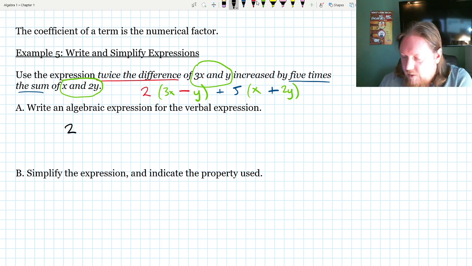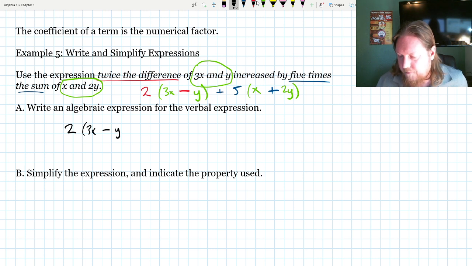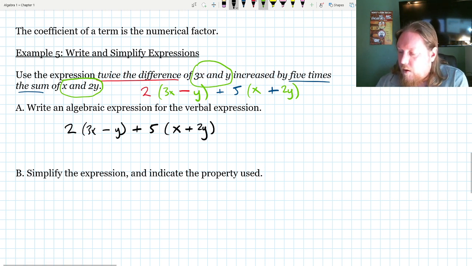So it's twice the difference of 3x and y, increased by 5 times the sum of x and 2y. All right, now we multiply that.